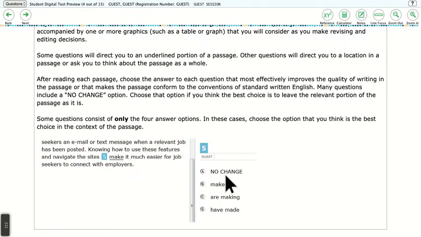And this is what tends to be the most confusing for kids who haven't taken the SAT or the PSAT before, when you're looking at it and there's no question and all it says is no change and then a bunch of things. The question becomes, what do I do? What it wants you to do is think about this word, make, in this sentence, and figure out, does it make sense there, or is there a change that needs to be made to make it grammatically correct?